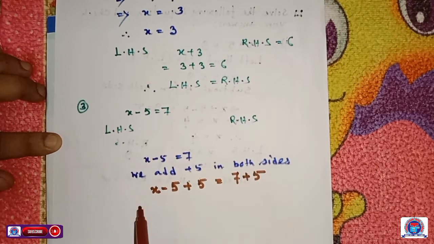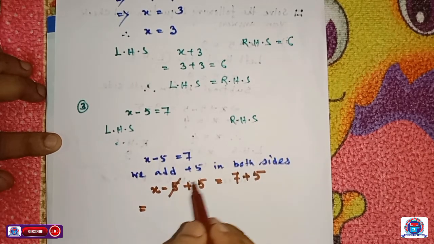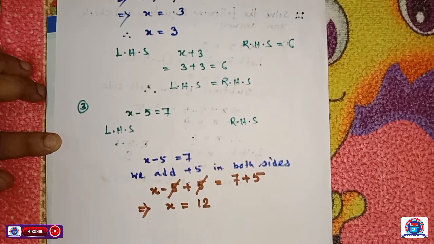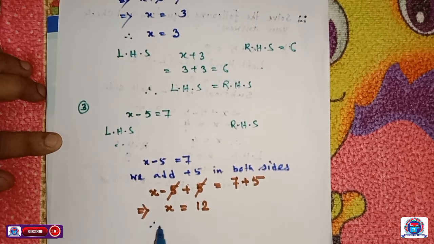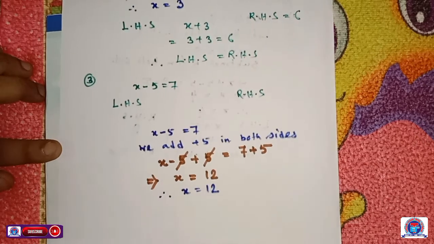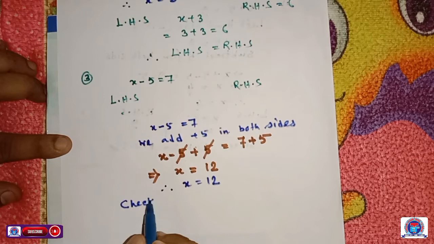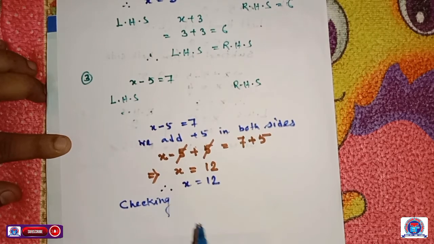Correct? Implies that this one cancels. So we write x is equal to 12. Correct? Therefore the value of x is equal to 12. Correct? Now checking the value of x, we put in the equation left hand side.